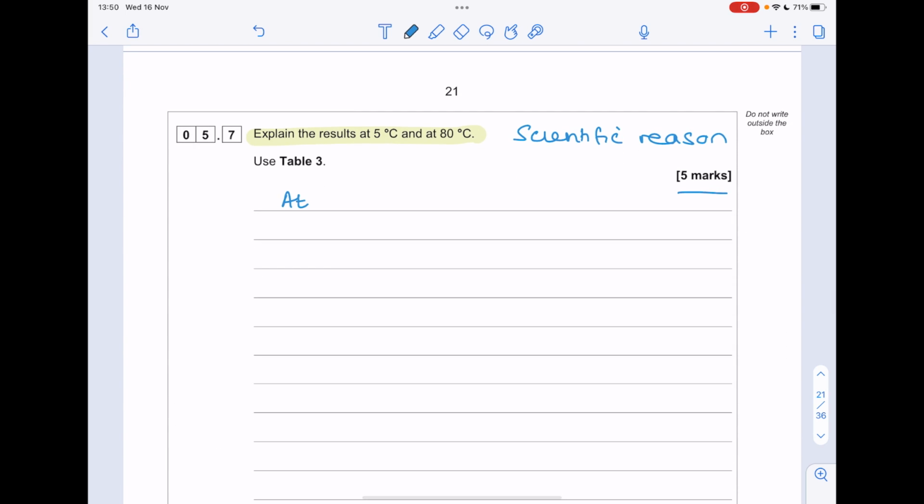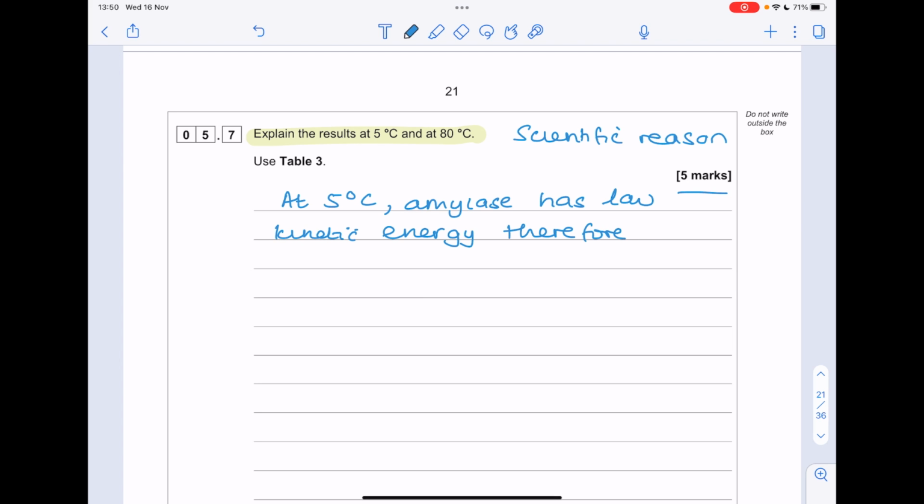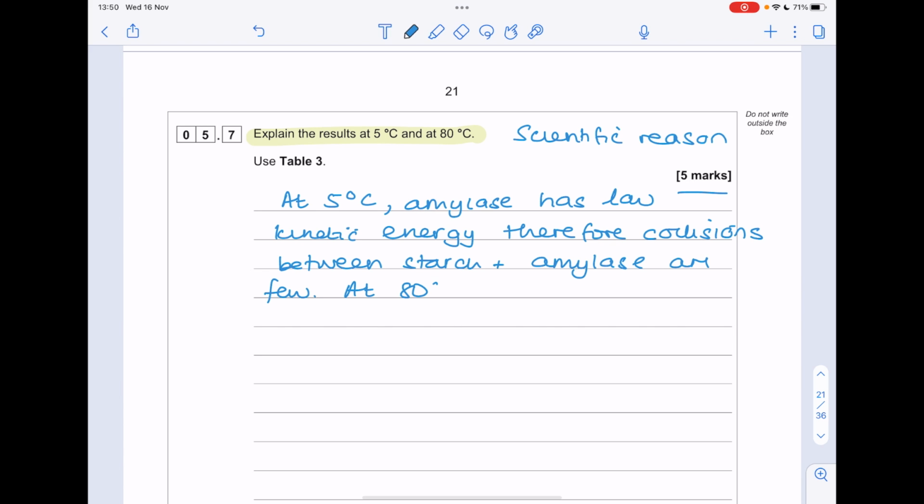So at 5 degrees, amylase has low kinetic energy, therefore few collisions between the enzyme amylase and the substrate starch. Then we'll make a statement: at 80 degrees, amylase is denatured.